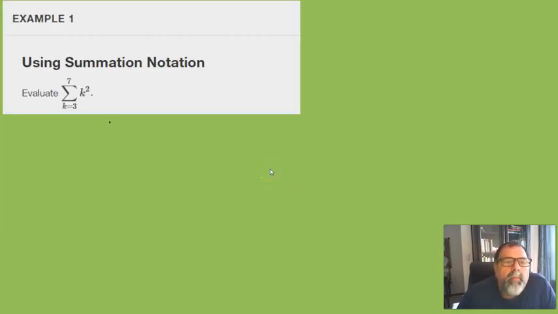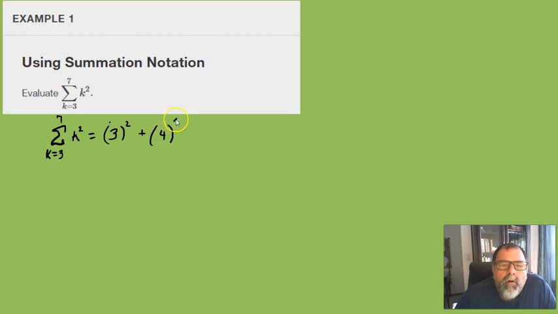Okay, let's look at example 1 here. Evaluate the sum of k squared from k equals 3 to 7. Okay, so we're going to start at 3, end at 7. So k is 3, and then squared, plus, and then index it.